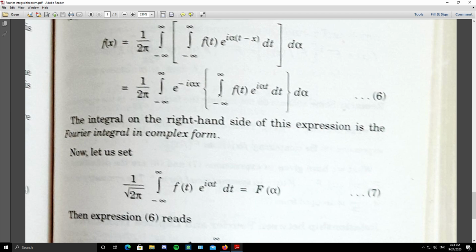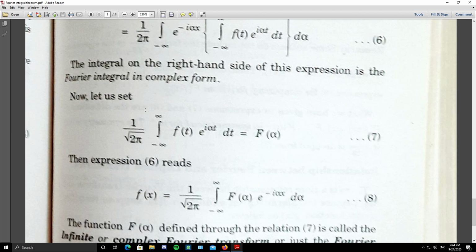I repeat, the bracket term is called the Fourier transform, and the outer integral is called the inverse Fourier transform. So you are getting both the transform and the inverse in the same expression. So 1 by 2 pi is split as 1 by root of 2 pi into 1 by root of 2 pi.